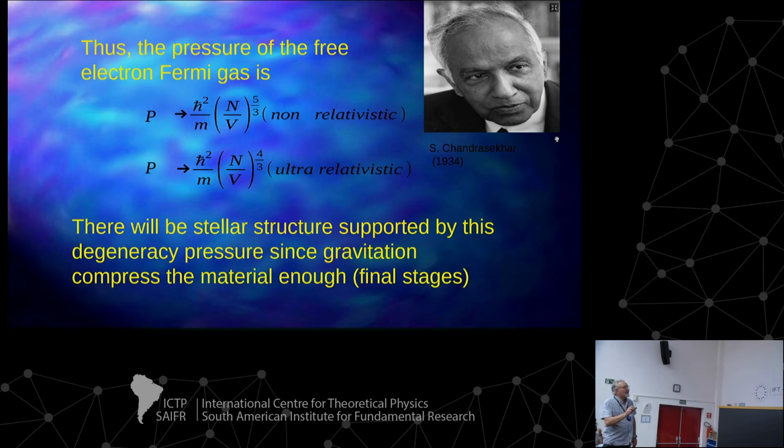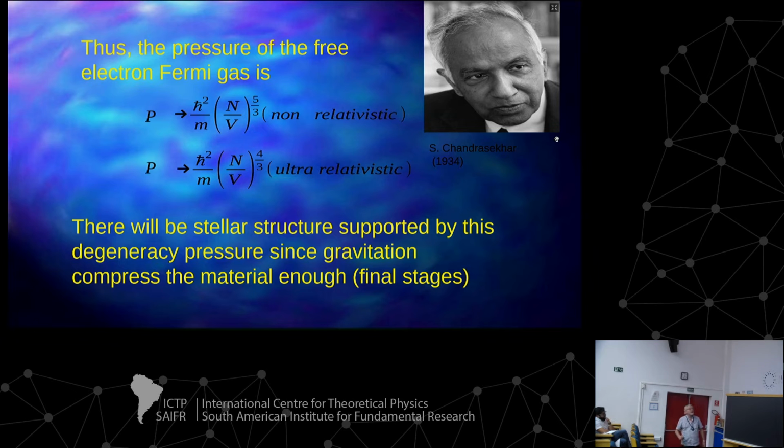If you have a Fermi gas, the pressure is proportional to the density to the 5/3 for non-relativistic and 4/3 for ultra-relativistic, so the pressure in an ultra-relativistic system is smaller than in a non-relativistic one. That is why maybe it's hard to have quark cores inside neutron stars, because the pressure usually goes down, if they are free, of course, okay?